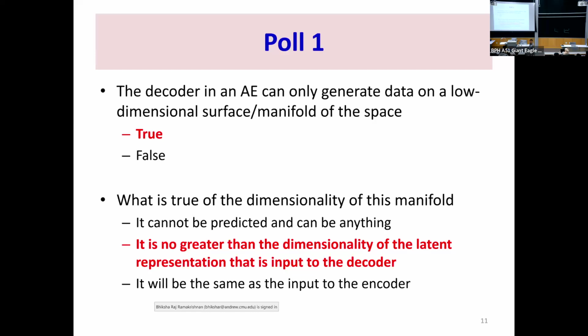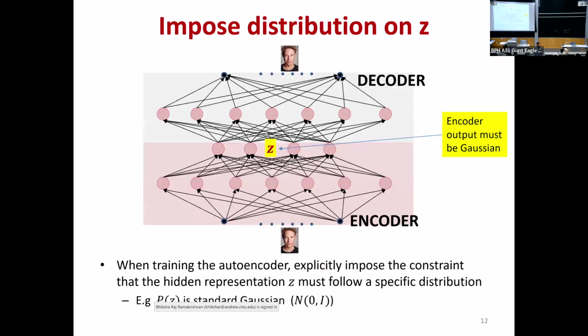The point is that it is a cap. Whatever the width of the bottleneck, that is the upper bound on the manifold. The data can be on some sub-manifold within that manifold. I can imagine a curved sheet and a line on that sheet. I could be down on that line, but it's still going to be on the sheet.